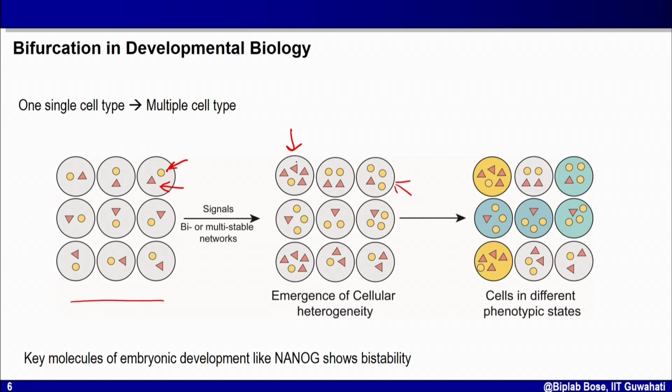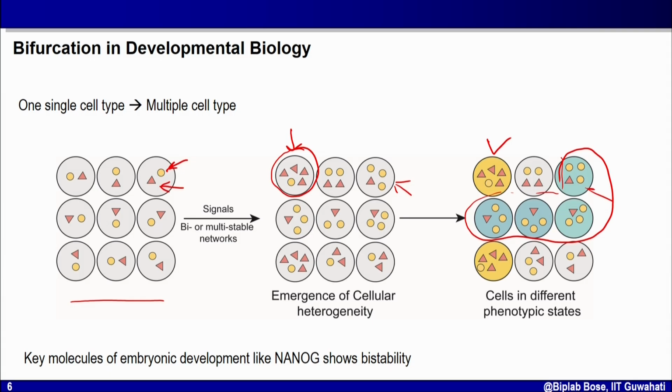These cells which are expressing more red now, which is a subpopulation expressing more red, will become one type of cell, whereas the other subpopulation which is expressing more yellow will become another type of cell. So from a homogeneous population, I get two subpopulations and their protein expression behaviors are different, and ultimately they move into different paths of differentiation.